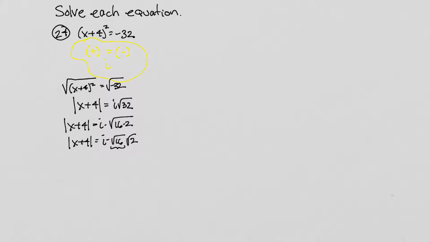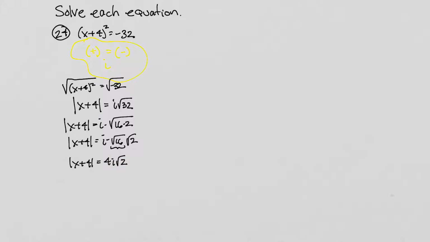And we can deal with that one, so we'll get absolute value of x plus 4 equals 4i square roots of 2. That 4 coming from here. So right from here, you take the i out, right? Take the i out, and then 32 you write as 16 and 2. Square root of 16 is 4. 2 stays under. 4i square root of 2.